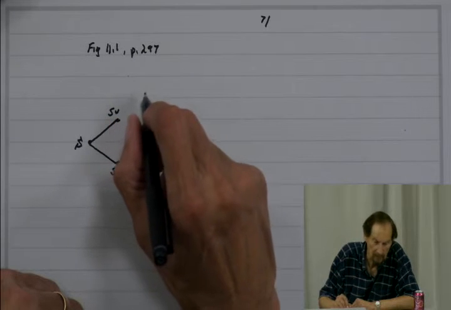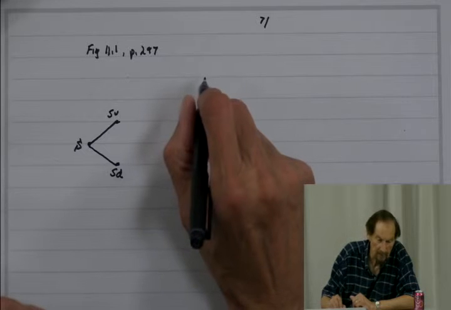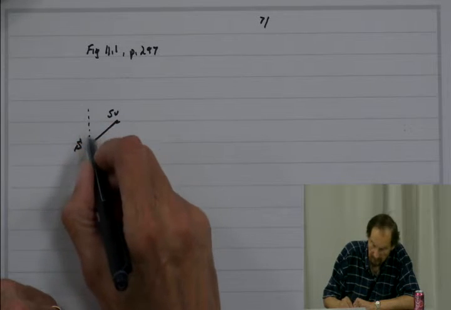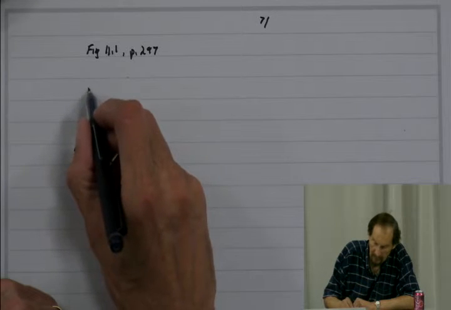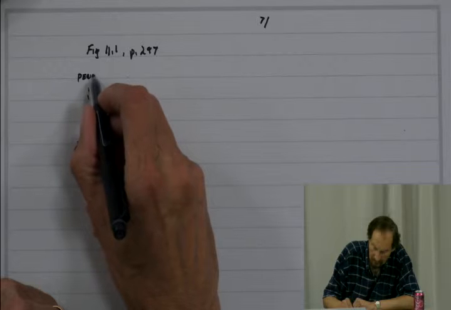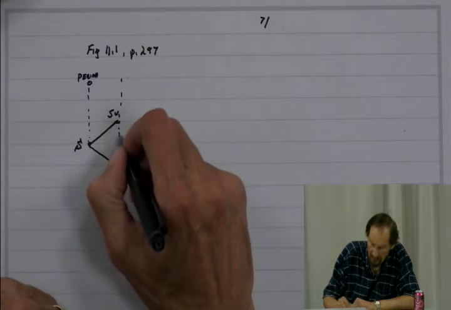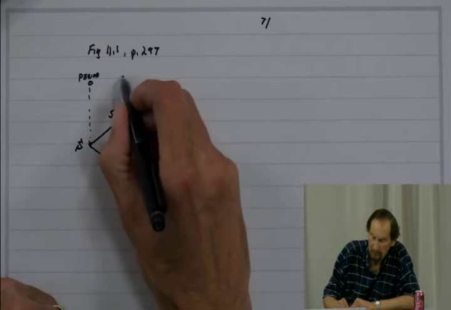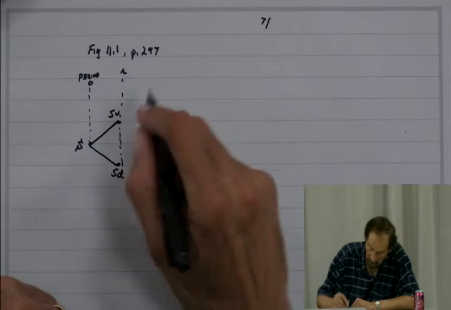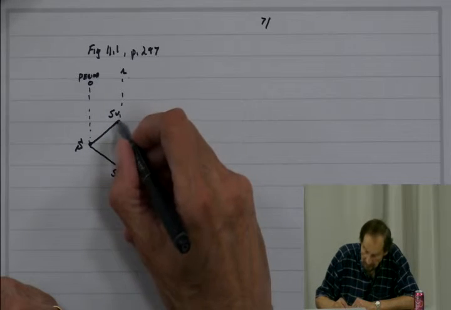Okay. Let's call this period 0, and this level 1. Now, again, if we go up again, we go up to SU squared.